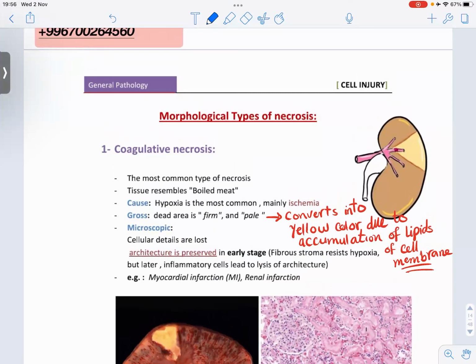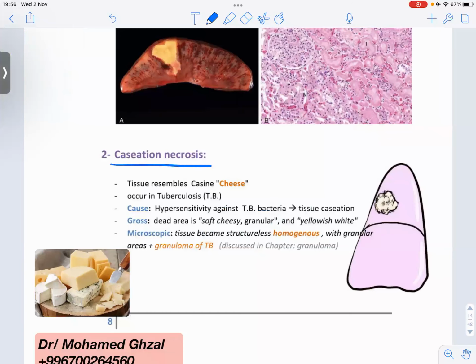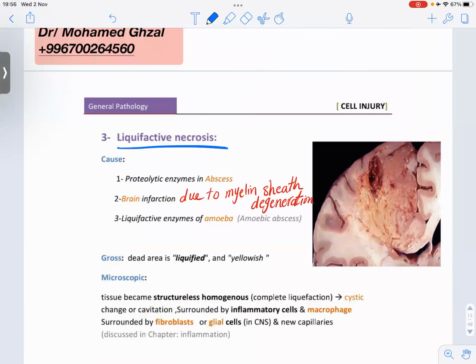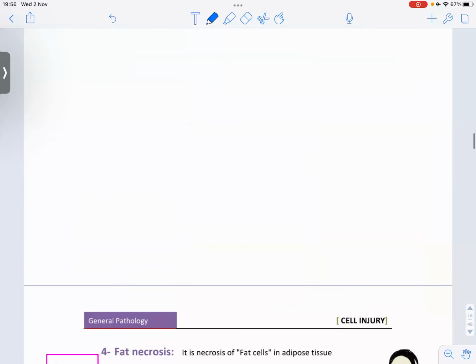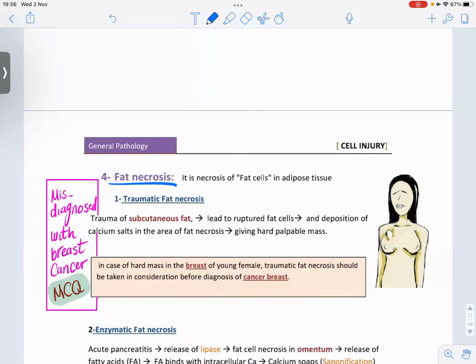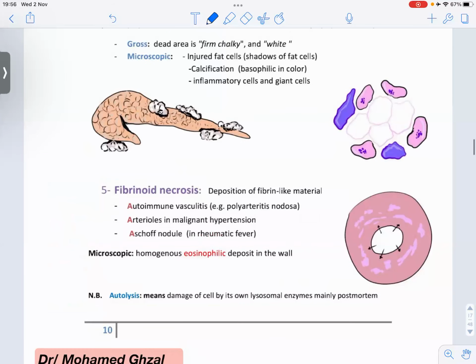We have five types of necrosis: coagulative necrosis, caseation necrosis, liquefactive necrosis, fat necrosis, and the last one we don't consider like necrosis, and I will tell you why. It's called fibrinoid necrosis.